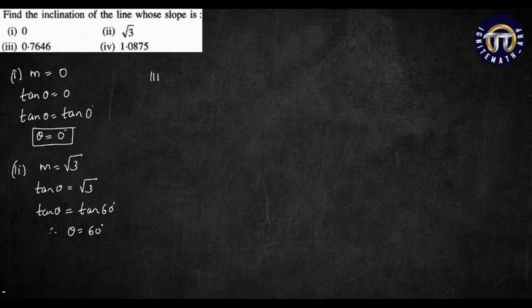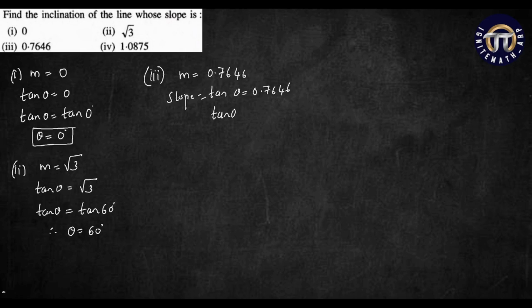Now let me take the third example. Here slope is equal to 0.7646. Now that means what, children? Slope is equal to tan theta, that is equal to 0.7646.